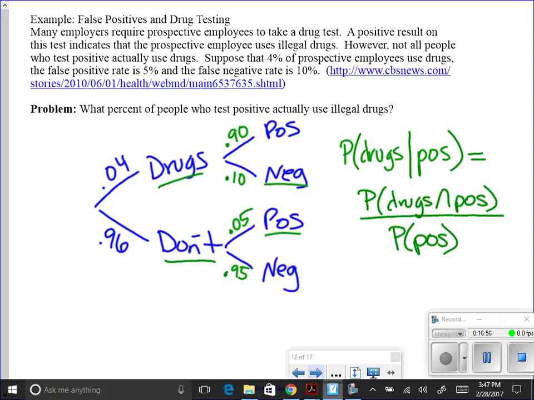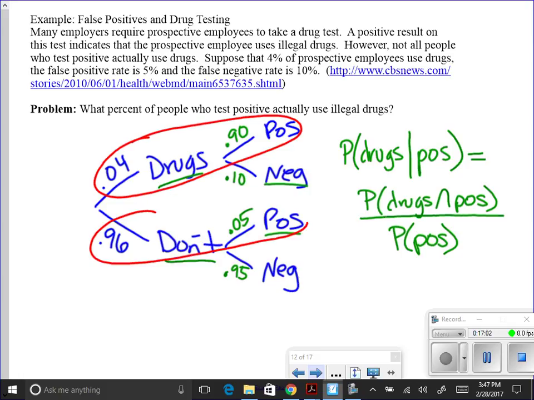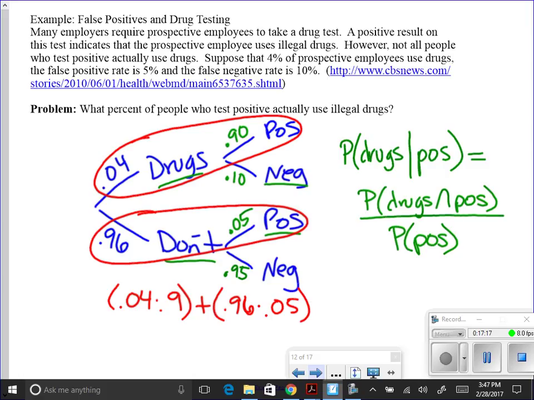So to find the positives, we would have to go out this branch and we would go out this branch. So that would be 0.04 times 0.9 plus 0.96 times 0.05. And that's going to be my denominator. And I get 0.084.